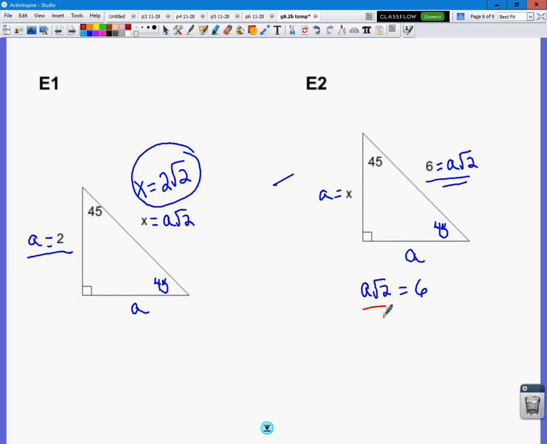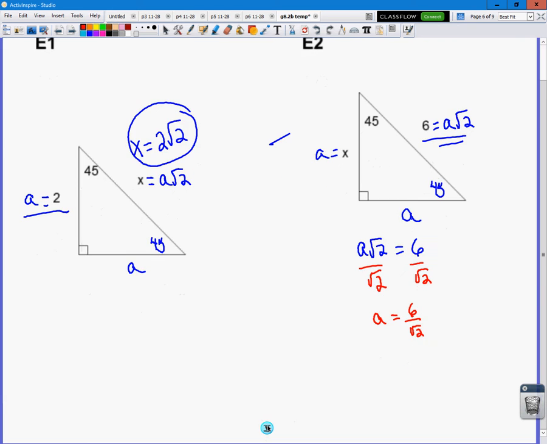We do end up with the same thing that we ended up with in the 30, 60, 90 degree triangle in the aspect that I'm dividing by a square root. And what's the rule? I can't leave that square root in the denominator. Yesterday, we multiplied by the square root of 3 over the square root of 3. Had a value of 1. What are we multiplying by today?